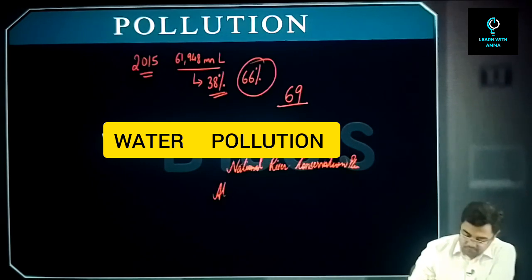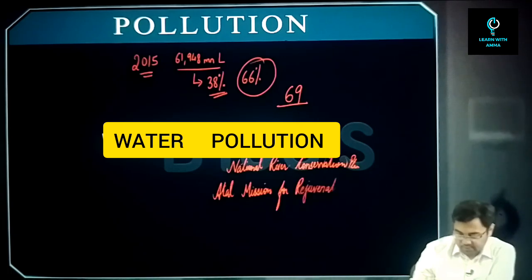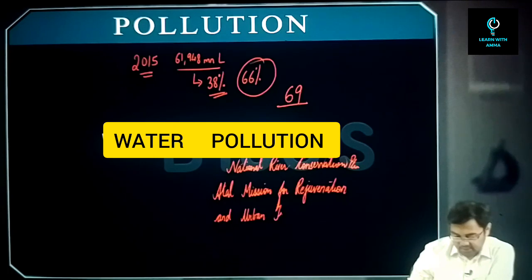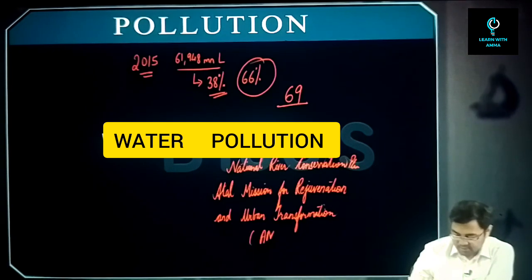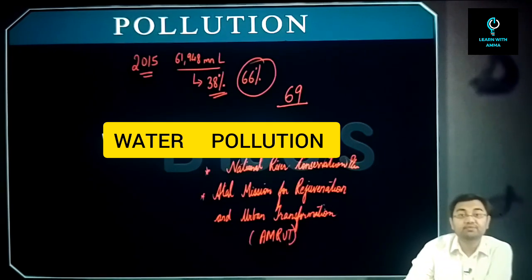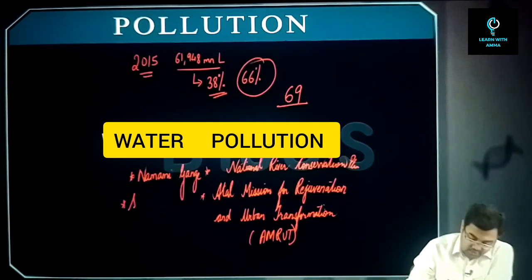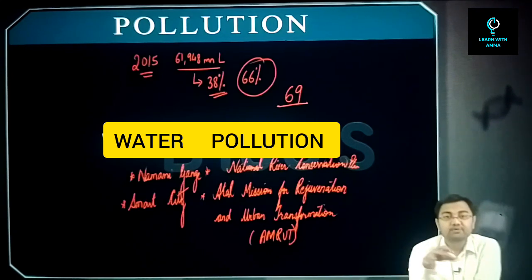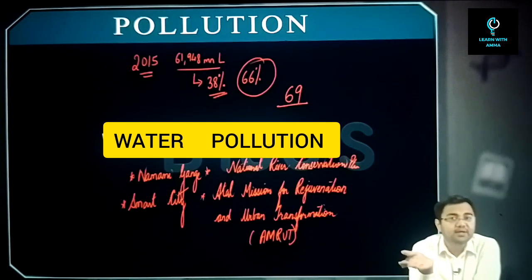You have the Atal Mission for Rejuvenation and Urban Transformation, or in other words AMRUT. You have the very famous Namami Gange plan, right? Then you have various smart cities projects. So there are so many programs running which are trying to look into one or another aspect of water pollution in India.